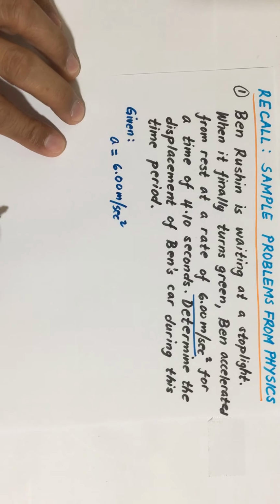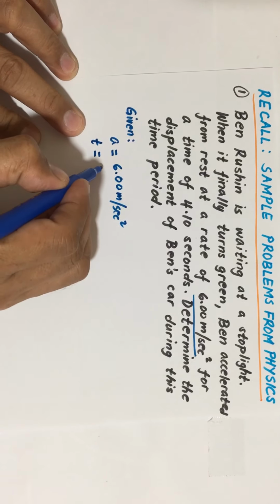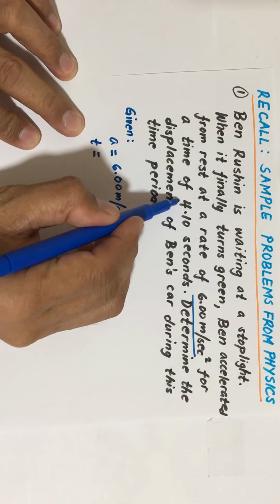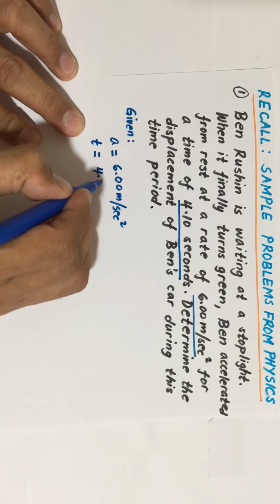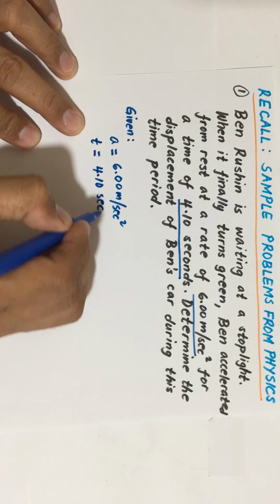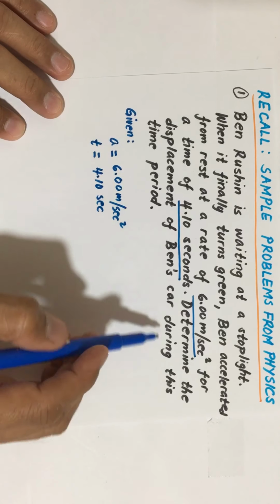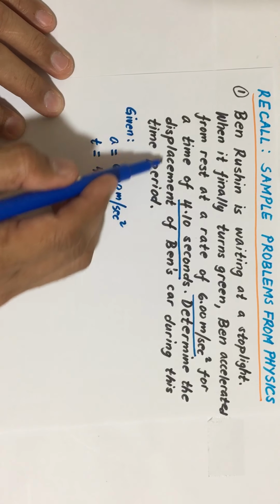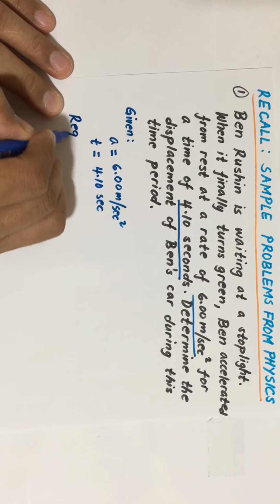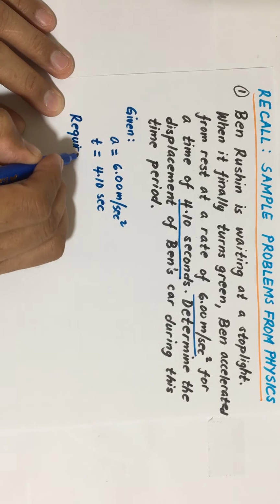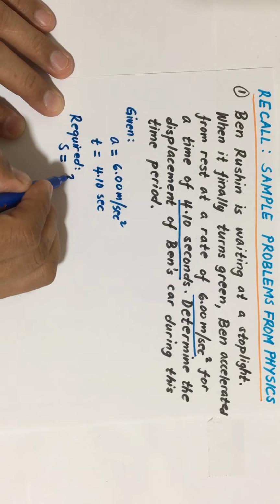Then we are also given the time, which is 4.10 seconds. And we are required here to determine the displacement. So displacement means that we are going to solve for S. So S here is the requirement, the displacement.